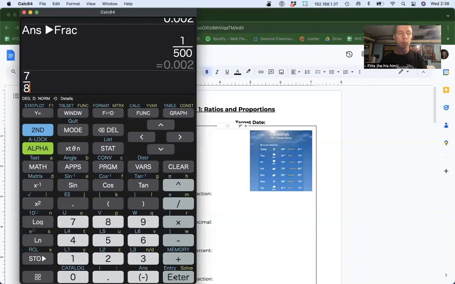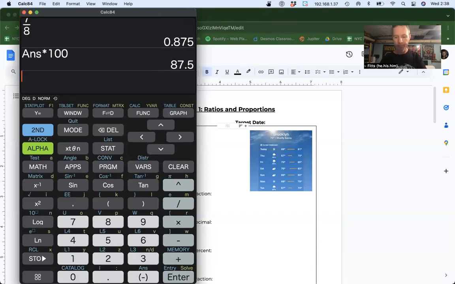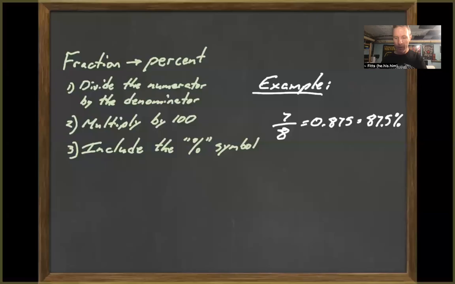Or you just have a spreadsheet do it for you. So 7 over 8 is 0.875. And then I can multiply that by 100, 87.5%. There you go. So that's 3 different ways of writing the same number. 87.5%, 0.875, 7/8, all the same.